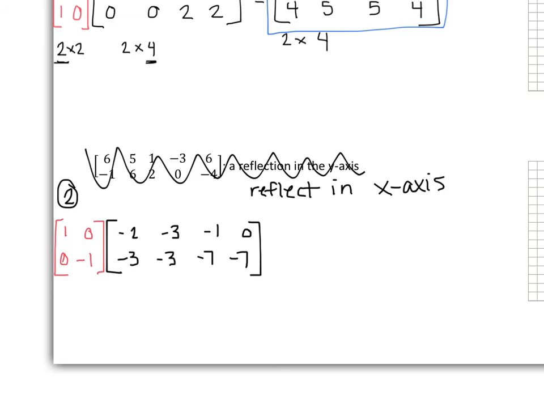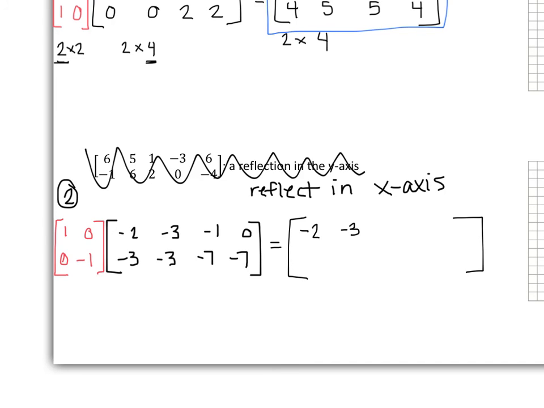So from here, we're going to multiply again. We're going to end up with same size matrices as before, 2 by 4. So 1 times -2 and 0 times, so -2. The first one will add up to -2. Very good. What about the next element? -3.